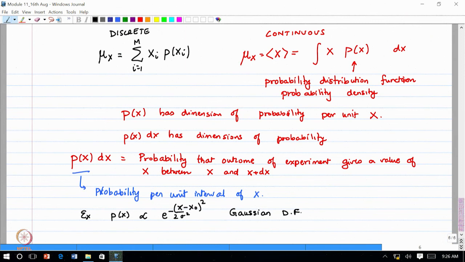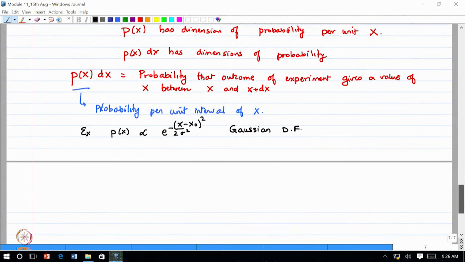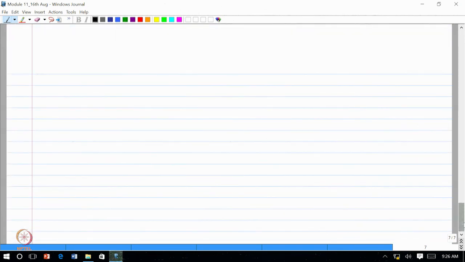This is a Gaussian distribution function. So what we have seen is we can generalize probability concepts to where x is defined as a continuous random variable.